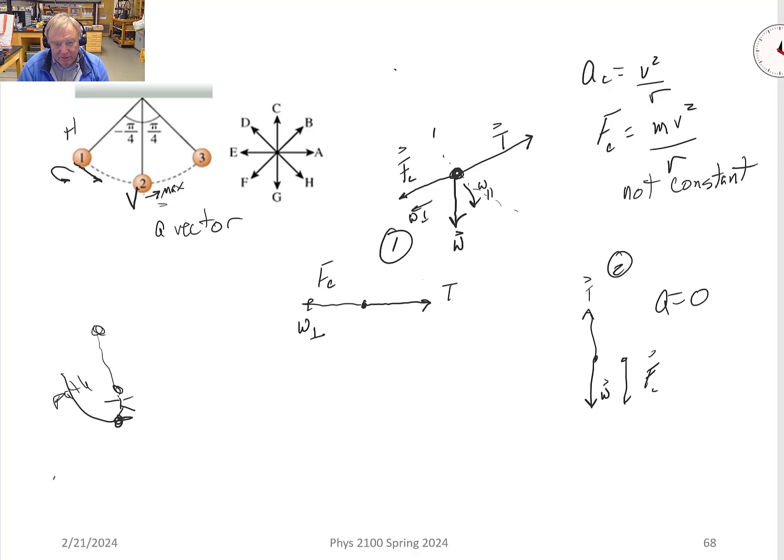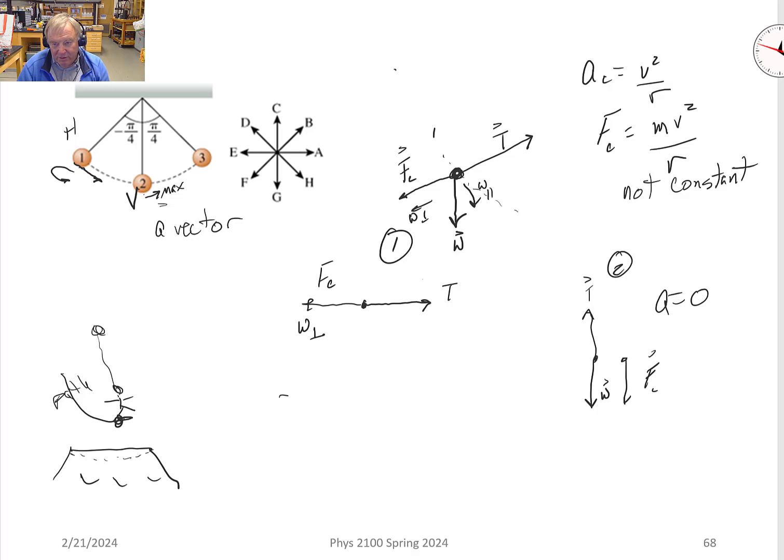So if we look from the front and we see the swings, we might notice at the bottom that this thing could sag a little bit, because now the W vector and the F centripetal are helping each other, and so the tension has to balance the two of them.